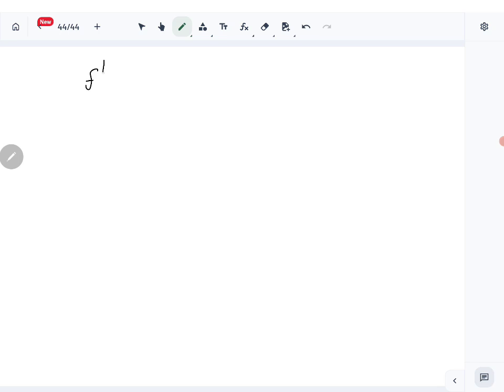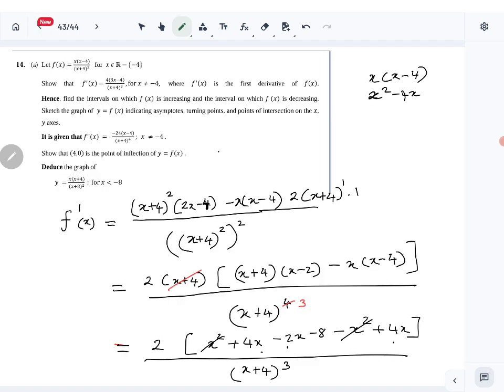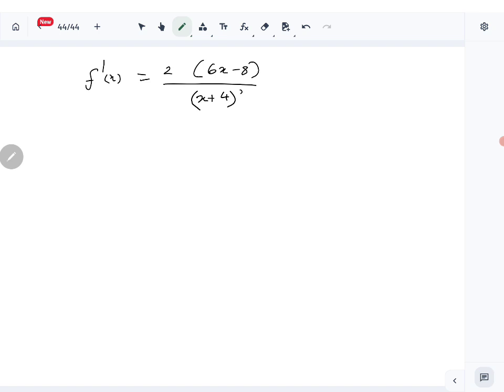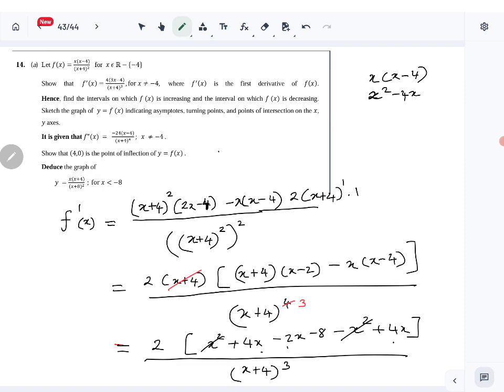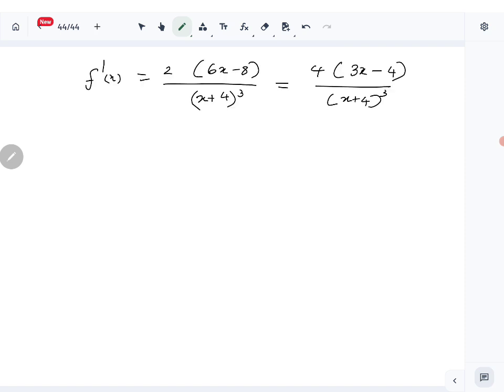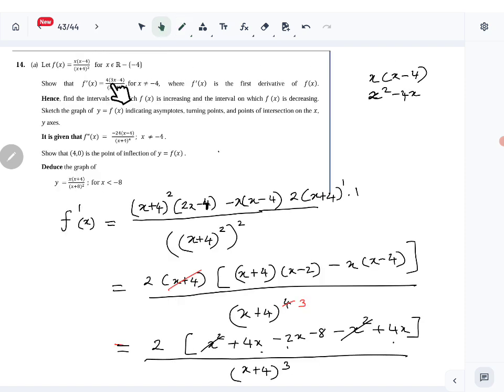So f dash x is 2 times 6x minus 8 over x plus 4 cubed. Take a 2 out, so 4 times 3x minus 4 over x plus 4 cubed. Yes, that's what we want. Right, so that part is done. Derivative is done.